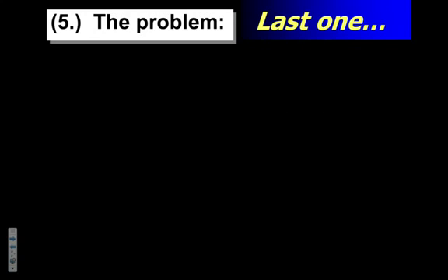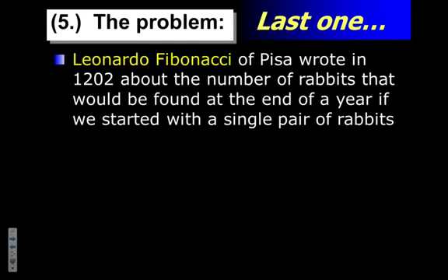All right, final one. This one is a famous computer science problem, so I'm going to share it with you. In 1202, Leonardo Fibonacci of Pisa, Pisa's in Italy, wrote about the number of rabbits that he would have at the end of 1 year if he started with 2 rabbits.